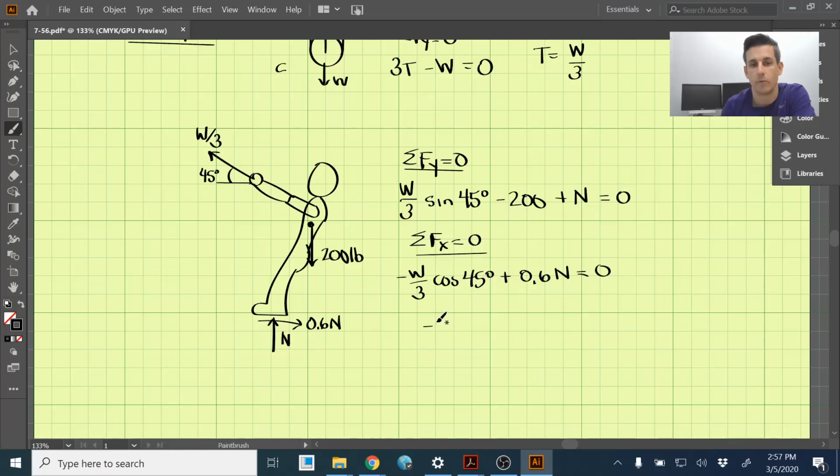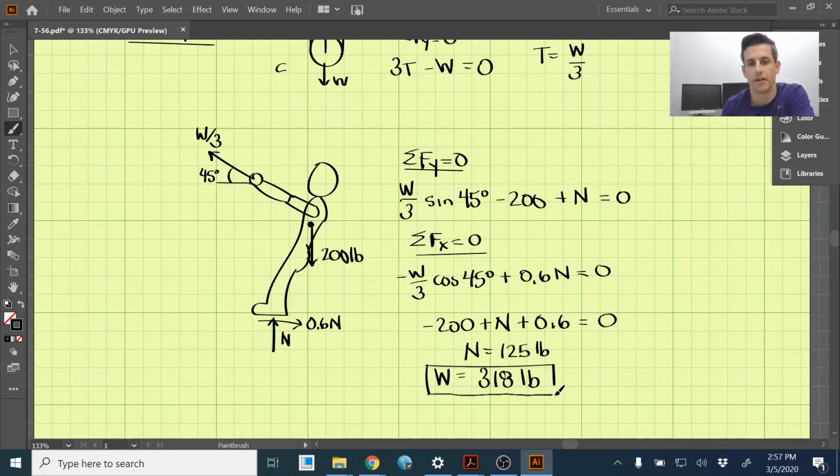And then we have 200 plus N plus 0.6N for the left-hand side, and the right-hand side is 0. We come out with N equals 125 pounds. Then subbing back into one of these equations, we come out with W, which if we round it, is 318 pounds. All right, so that's the first scenario. That's part A that we were looking for.